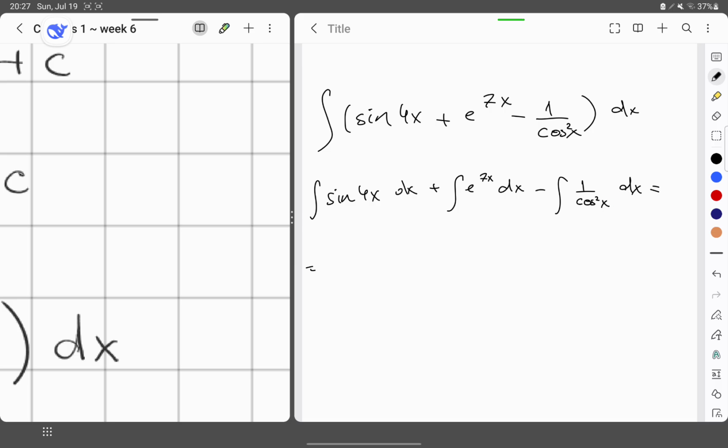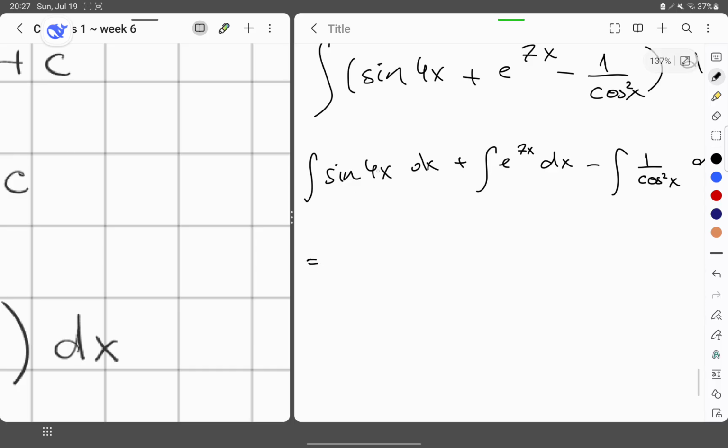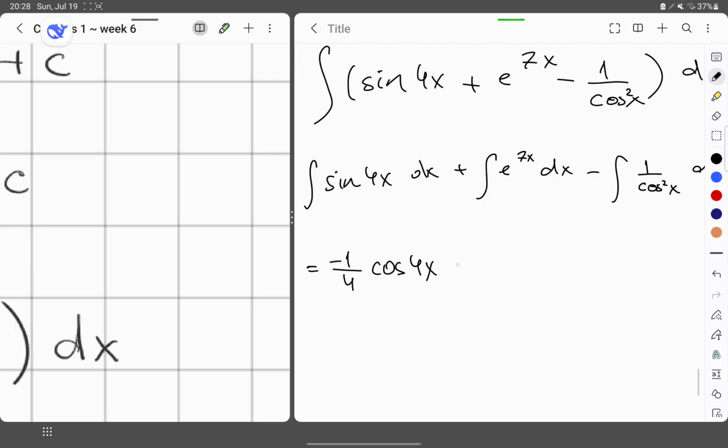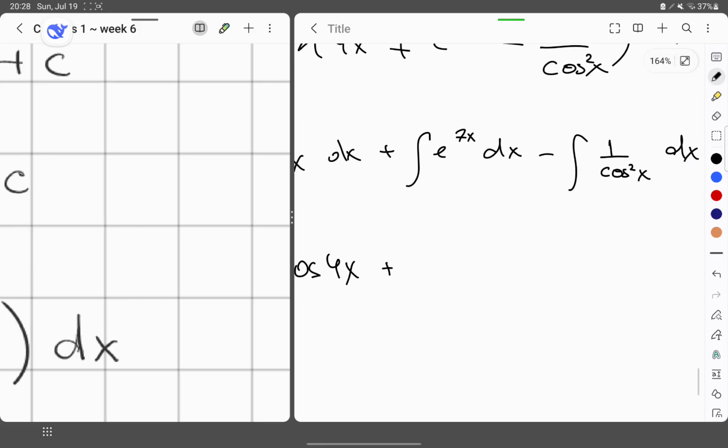It will be like what? Okay, sine 4x. The integral of sine will be negative cosine, so negative 1 over 4 cosine 4x. Sine will always be negative, but cosine will always be positive in integrals.